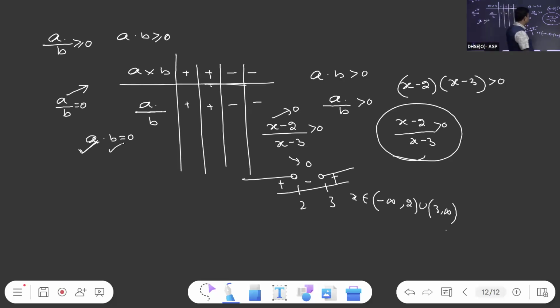Take the example, solve x minus 2 upon x minus 3 greater equal to 0.